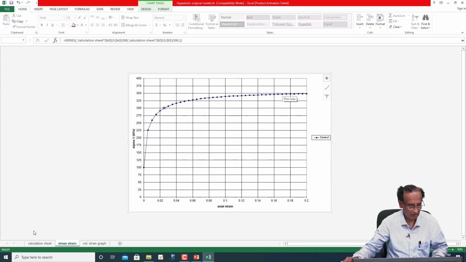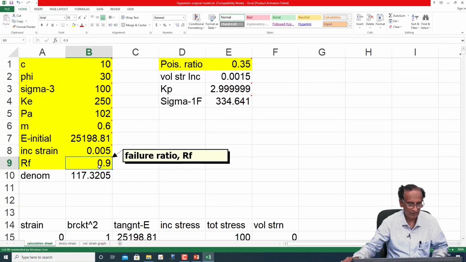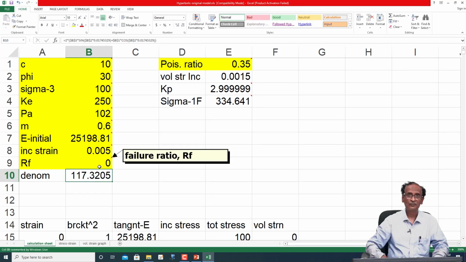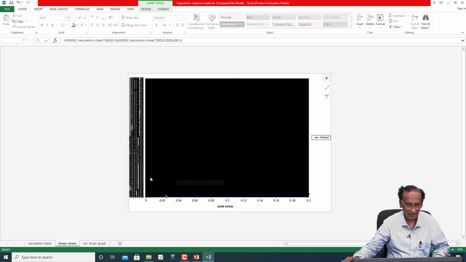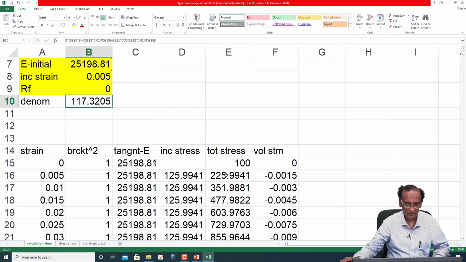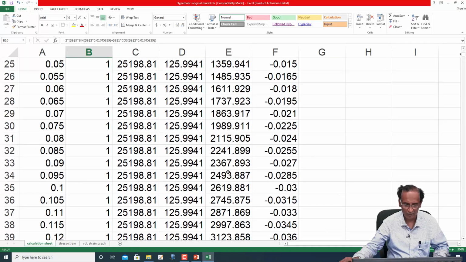Let me just give you an extreme example. Let us take an RF of 0. What will happen with an RF of 0? We should get a straight line, and let us see whether we get that. Oops, sorry, I think the program is not able to plot it because your incremental stress will go on increasing, and then the total stress is too high.